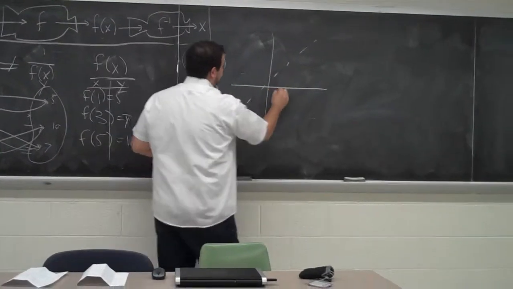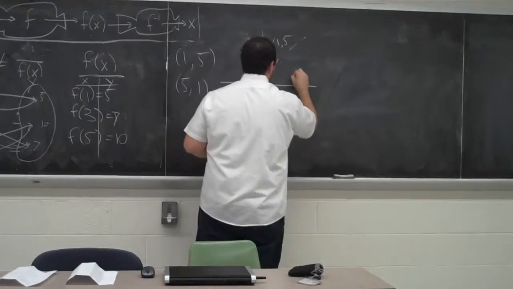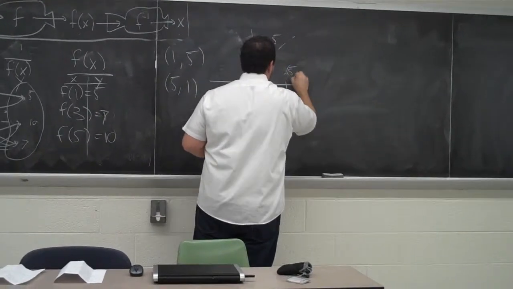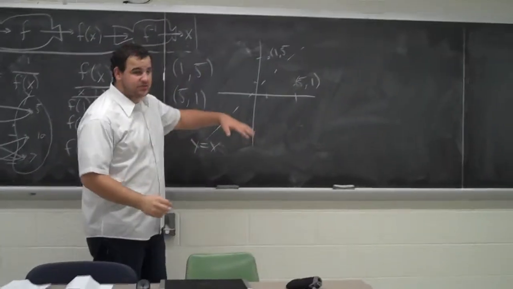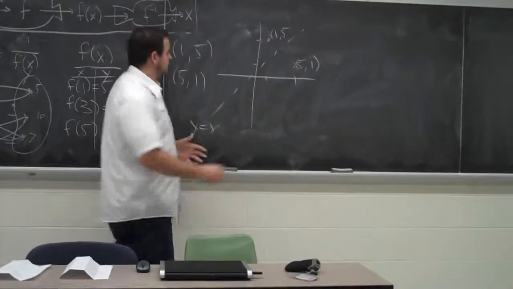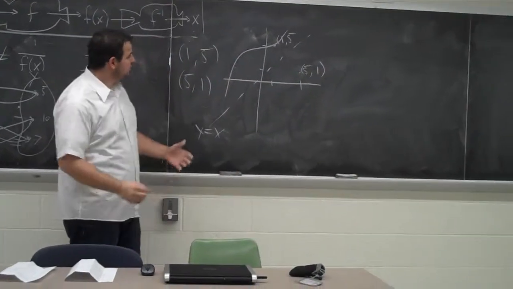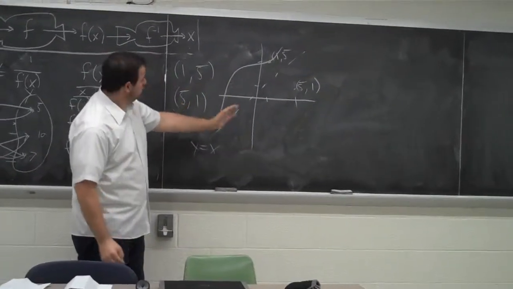So, if this point here is 1, 5, and this point here is 5, 1, you can kind of see, just looking at it, how they might flip. And that's basically how graphing inverses works. If there's a function like this, just some random function, the inverse is going to be the reflection of that over this line.